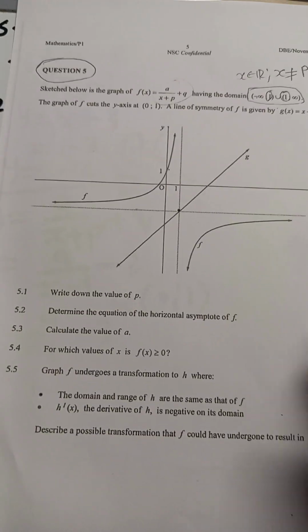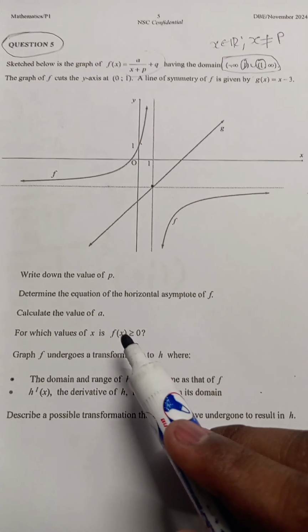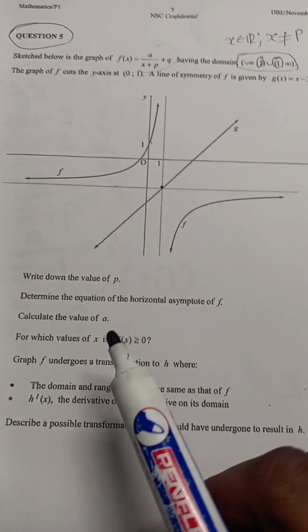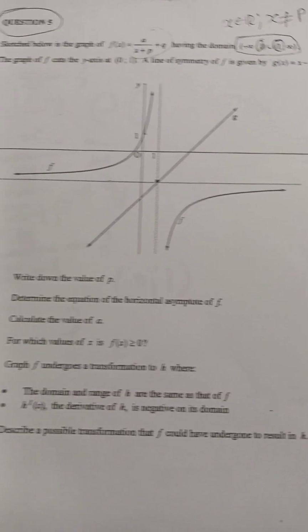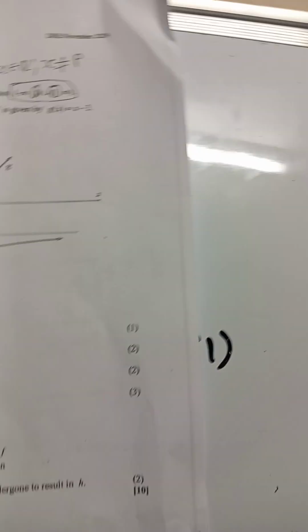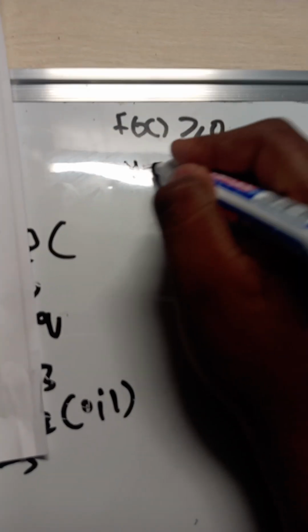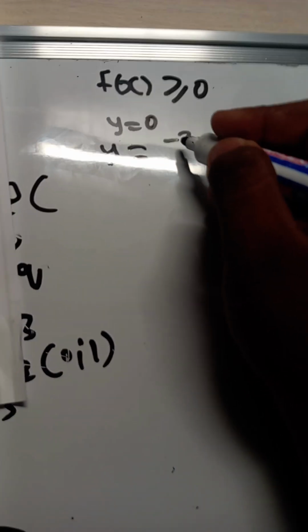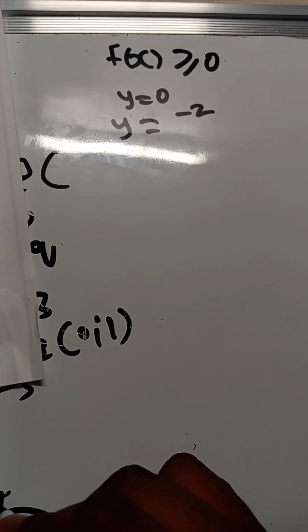Now going on. For which values of x is f of x greater than or equal to 0? When you are talking about these questions, we are referring to the values of x whereby the graph is above the x-axis, because they are saying f of x is greater than or equal to 0. First, you must find the x-intercept of this graph, because you do not have it. For the x-intercept, we let y equals 0. Now the a is negative 2? Is it negative 2? It's negative 4. I made a mistake there.